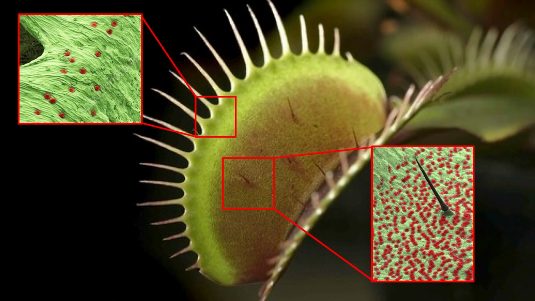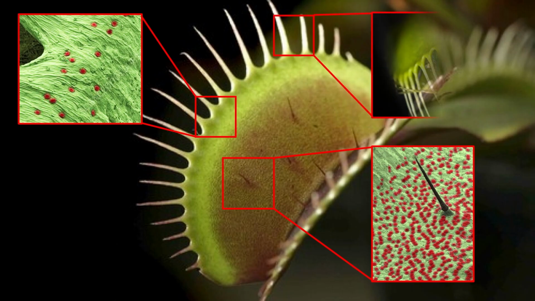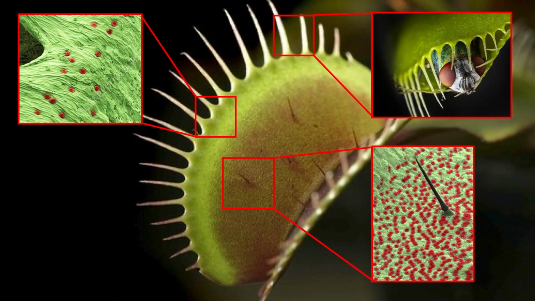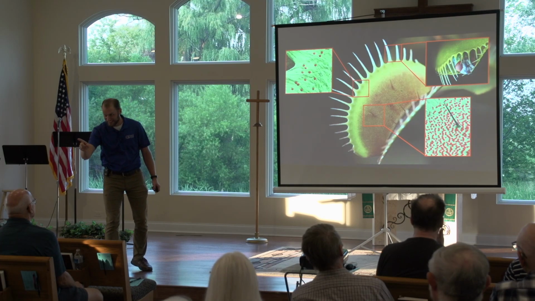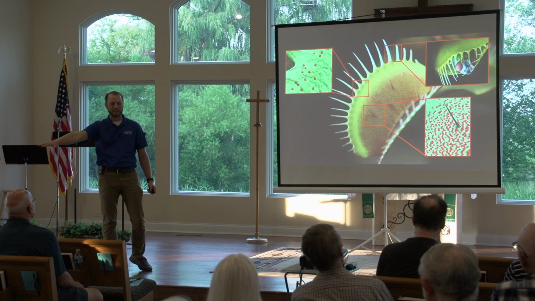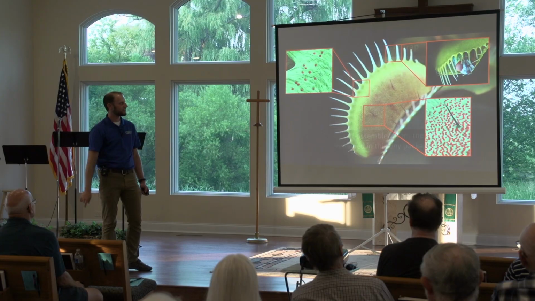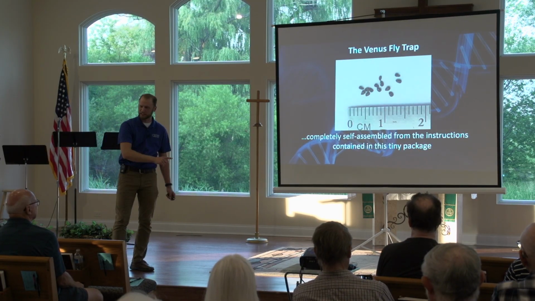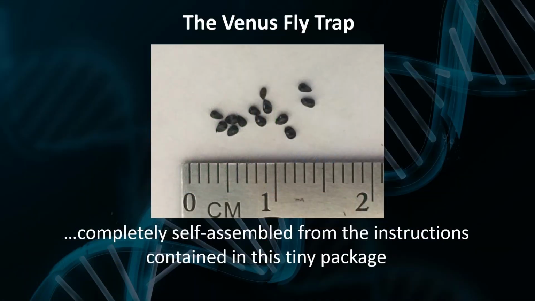They secrete their own bait, so they have cells that secrete the sugary nectar that attracts the insects. They even have these bars to hold the insect in after they've got it. It's an amazingly engineered system. But you know what I think is the most incredible thing about this is that it is entirely self-assembled from the instructions contained in this tiny package, the seed from the Venus flytrap.